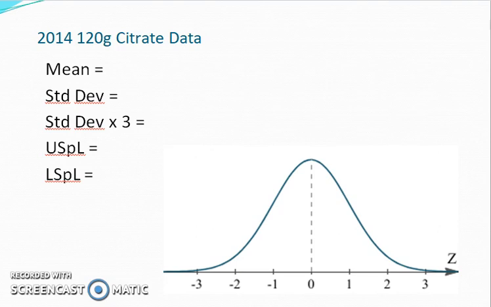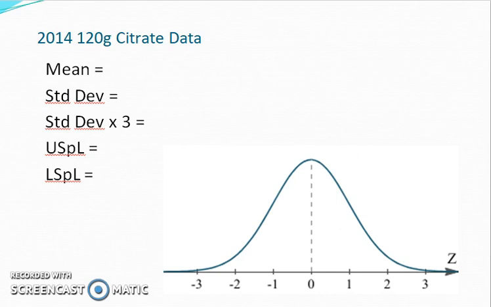I'm going to ask you to do these calculations and provide your answers: the mean, the standard deviation, half of the spread, which is 3 times the standard deviation, your upper spread limit and your lower spread limit. Of course, you're going to be using Excel and the cat kibbles data set to do those calculations.